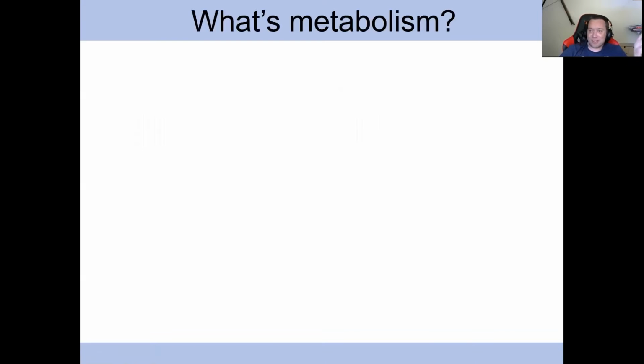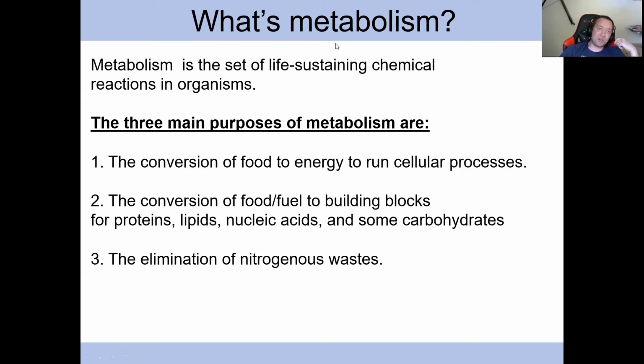So I'm going to start with this slide, which is what is metabolism? I think we should all know it, but when I actually came to give some lectures to undergraduates, I found myself actually looking this up. Metabolism is the set of life-sustaining chemical reactions in organisms.